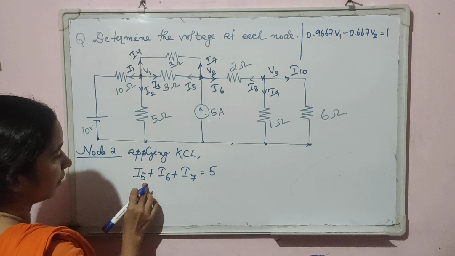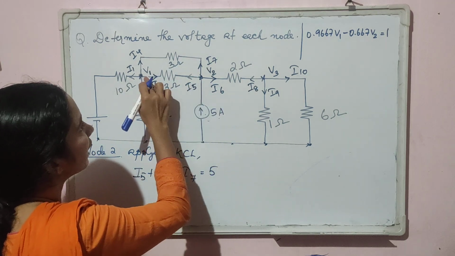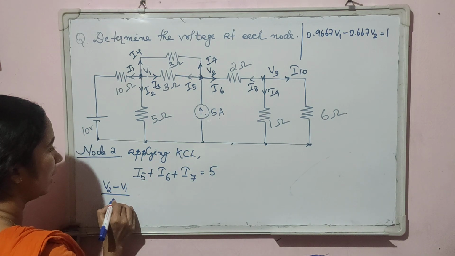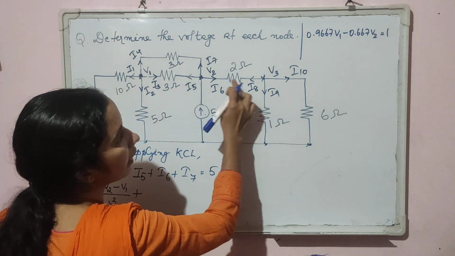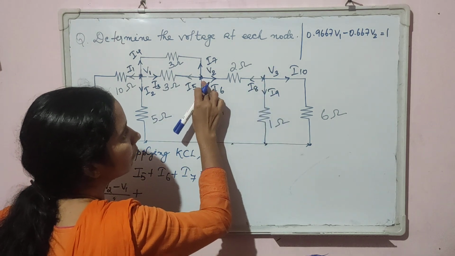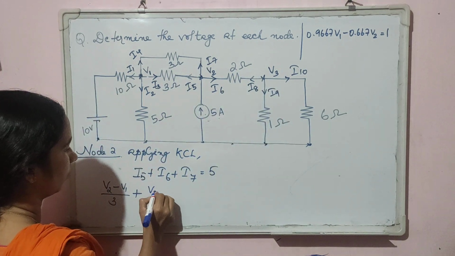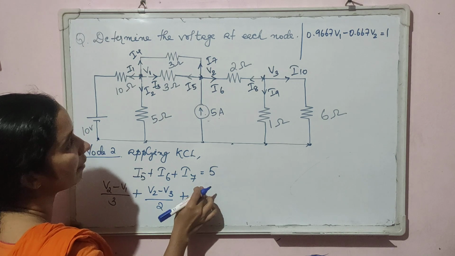I5 is the current through this branch, that is V2 minus V1 divided by 3, plus I6. I6 is the current through this branch, that is V2 minus V3 divided by 2, plus I7.